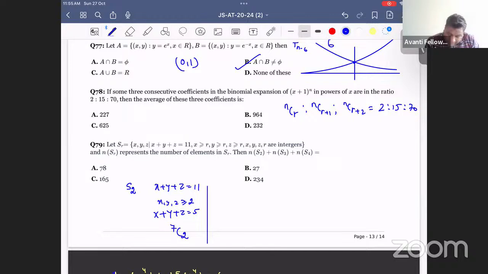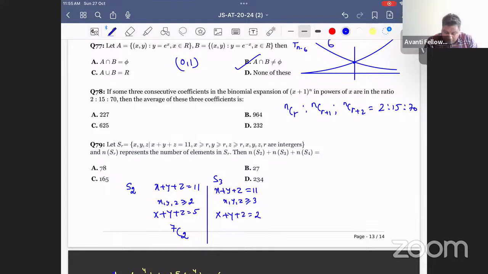Now S3, while calculating x plus y plus z equals 11, you want to give at least 3 oranges to every beggar. Got it? So first of all, do one thing, give 3 to them. They are saying x, y, z more than or equal to 3. So 9 already distributed, you are left with 2. So if you are left with 2, that means x plus y plus z equals 2.